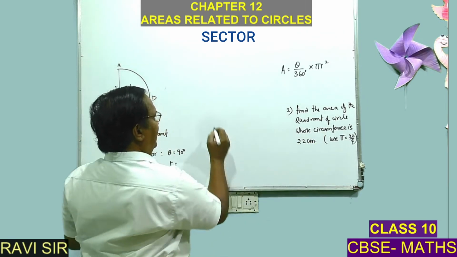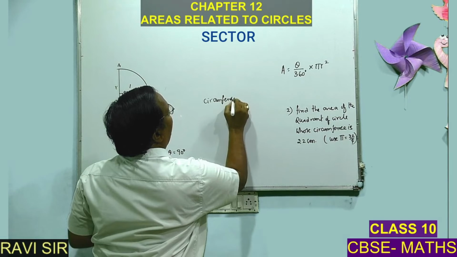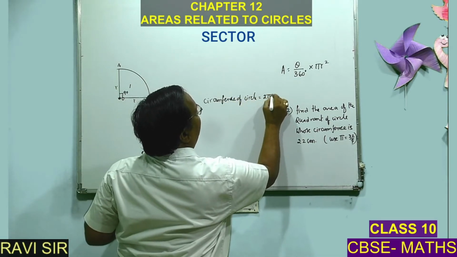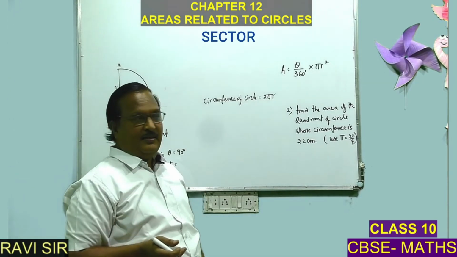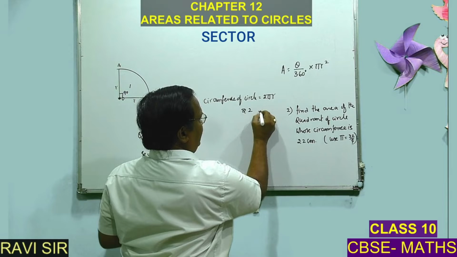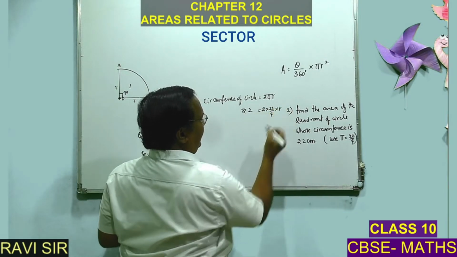Okay. Let us start. Circumference of the circle is equal to 2 pi r. Formula, I told you, you should write the formula, and then circumference value is given, 22 is equal to 2 into 22 by 7 into radius.